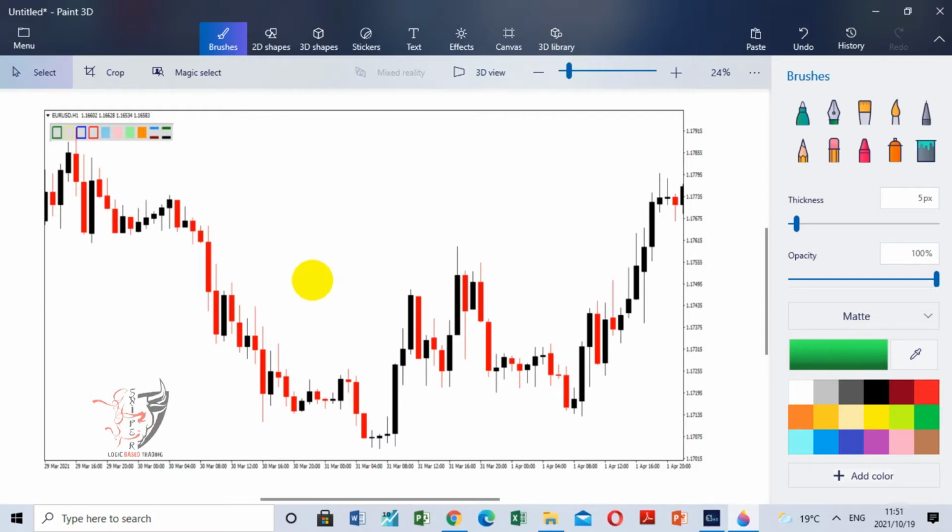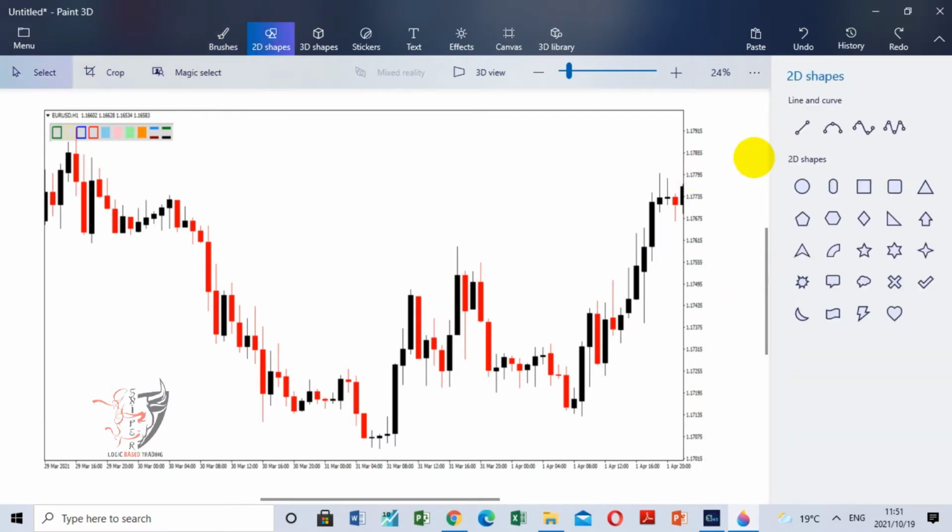Okay, so if you look at this chart, you can see that price was in a drop movement and then price started to go up. But we need to understand why, so I'm going to show you the why.